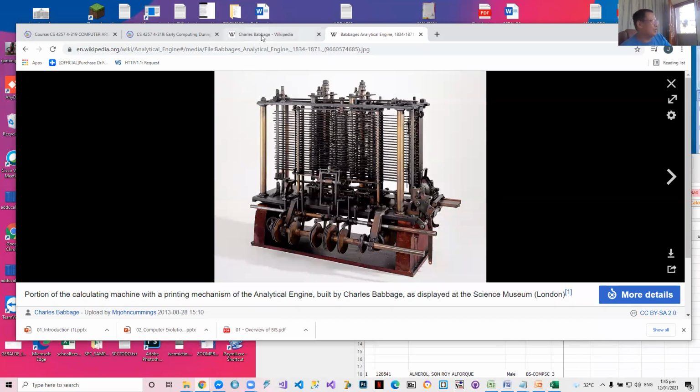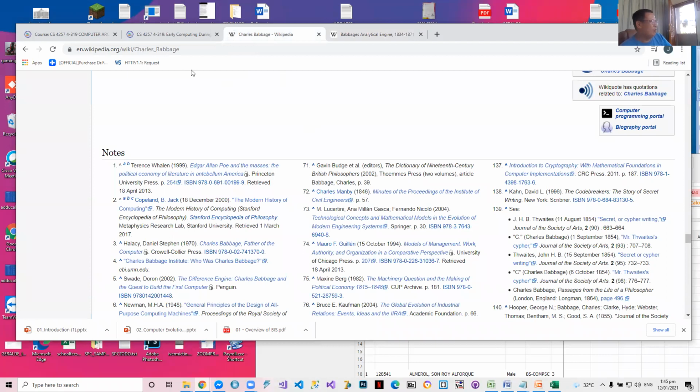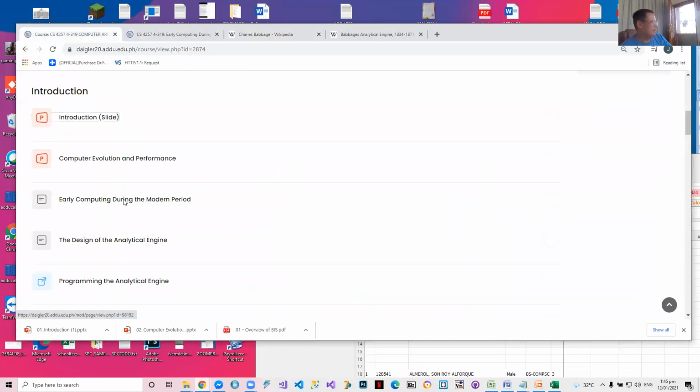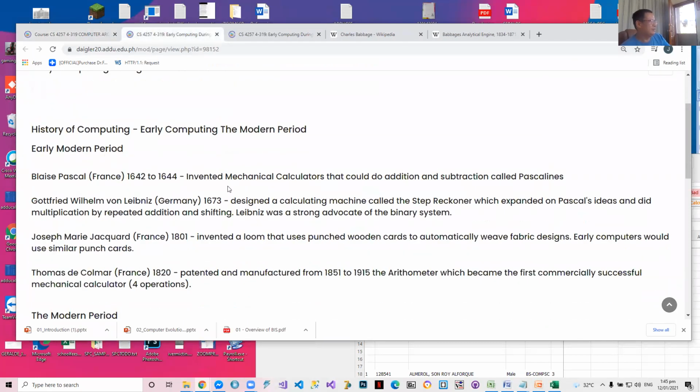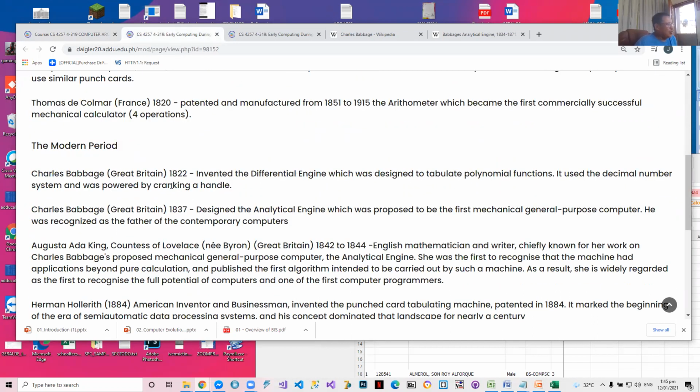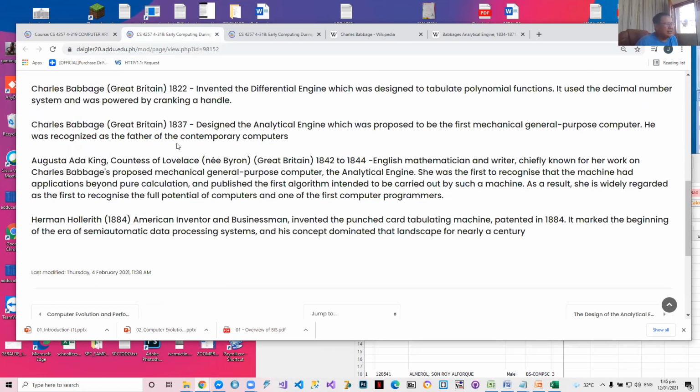What are the different components of Charles Babbage's engine? 1822 pala, 1837, he designed the analytical engine. Okay, first, known to be the first mechanical general purpose computer. Father of contemporary computers.